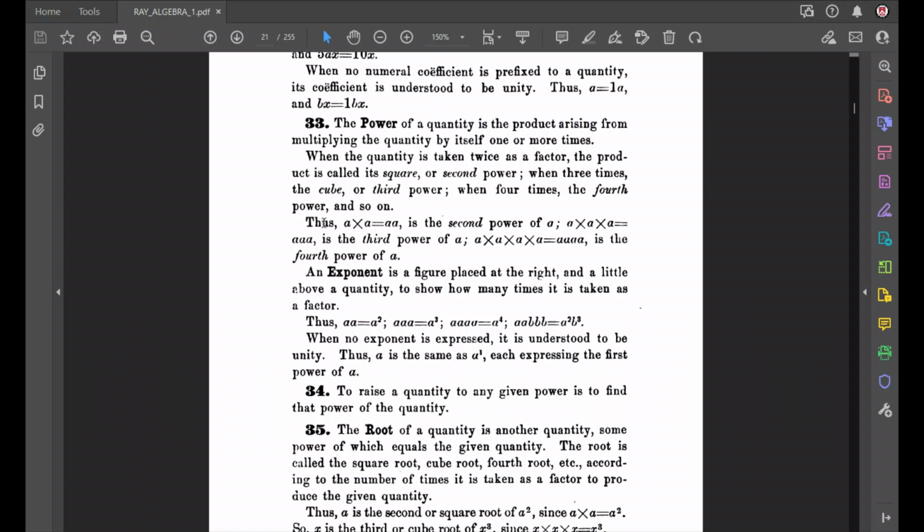If we take A times A times A, this is called the cube of A, or the third power of A, because the quantity A is multiplied by itself so that it's taken as a factor 3 times. When it's taken 2 times as a factor, it's a square or a second power.